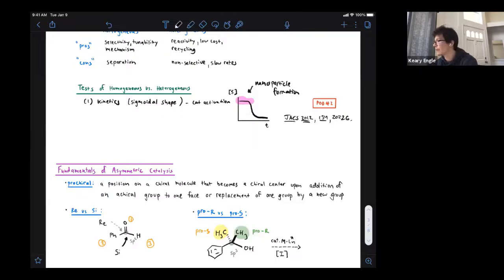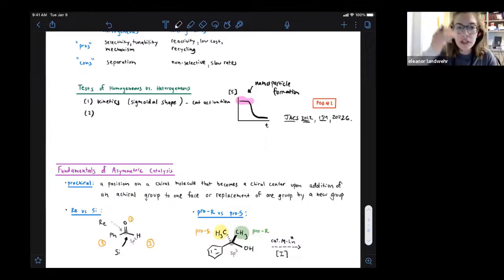Anyone have anything different here? Eleanor, what about your team? I'm not really sure. We talked about a few things. I was kind of wondering if you could try, I don't know if this would work, but if you could try to support your catalyst on something, like force it to be heterogeneous, if that makes sense.